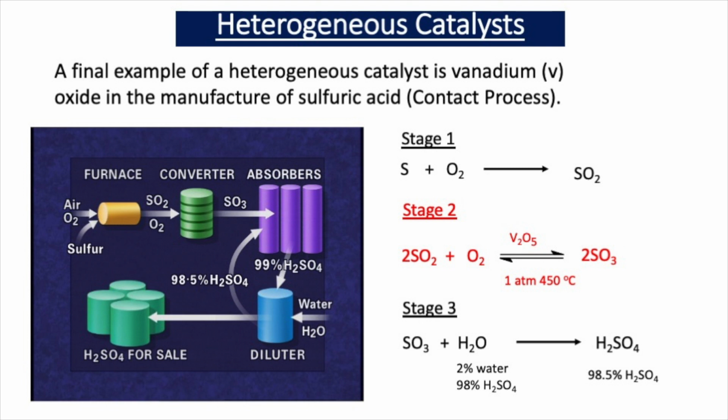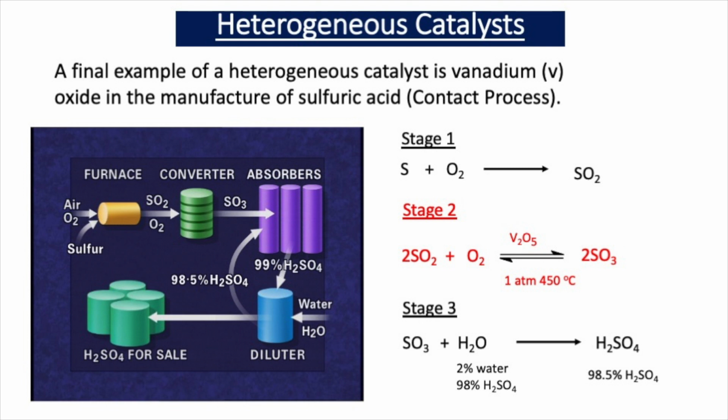The final step in this reaction is the sulfur trioxide that is produced reacting with 98% sulfuric acid and 2% water to make 98.5% sulfuric acid. Now you may remember from studying this reaction at GCSE that the reaction of sulfur trioxide and water is very violent.